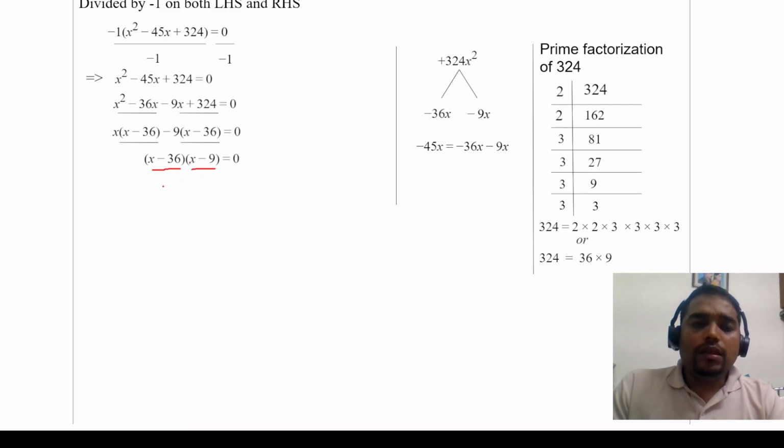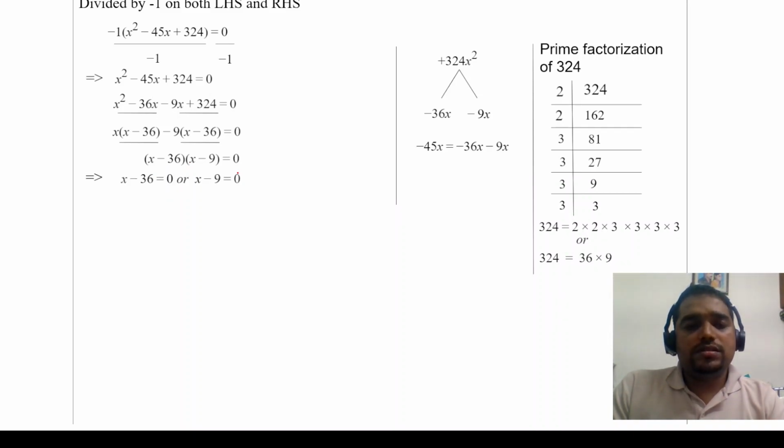Now, a product of two entities, suppose this is A and the second entity is B. The product of two entities A and B is equal to 0, which means either A is equal to 0 or B is equal to 0. So we will now equate the first term to 0 or the second term to 0.